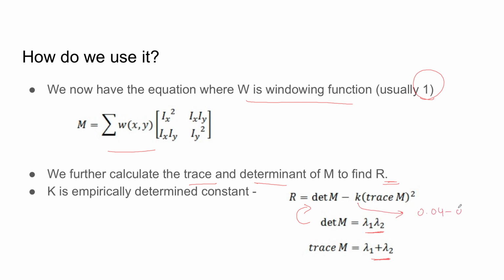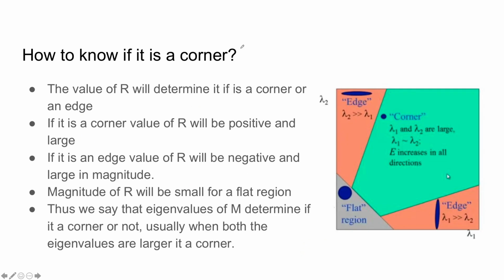So now how do we know if it's a corner or not with the value of R? What do we do with the R? If the value of R is positive and its magnitude is high, we say that it's a corner. That is basically if both the eigenvalues are large and approximately equal, we say that it's a corner. Whereas it's an edge where one lambda is much greater than the other.